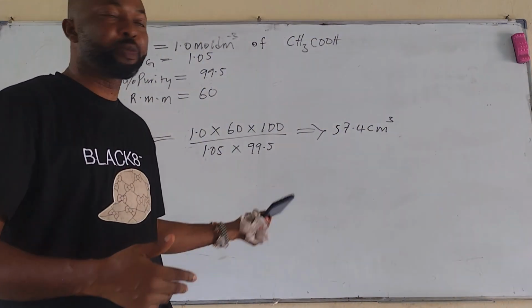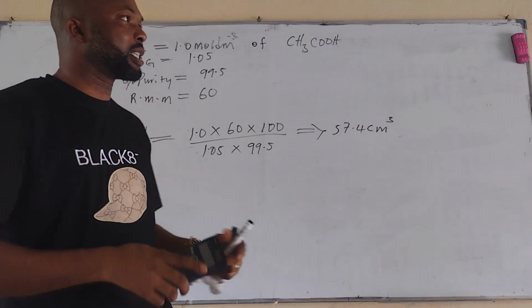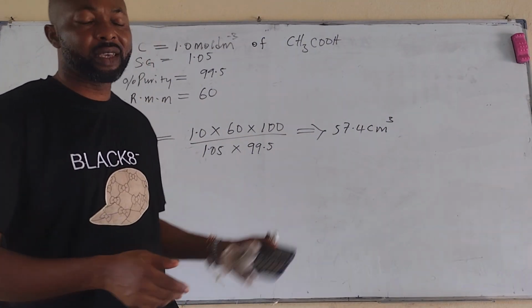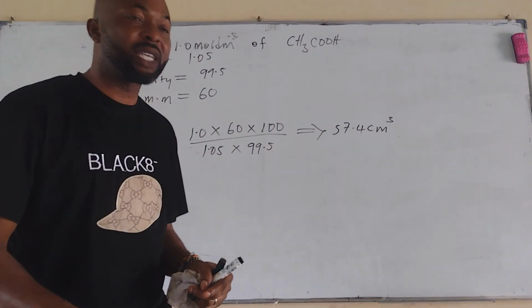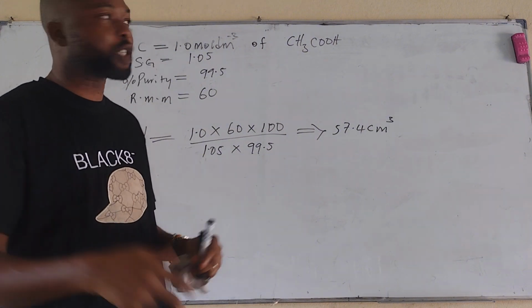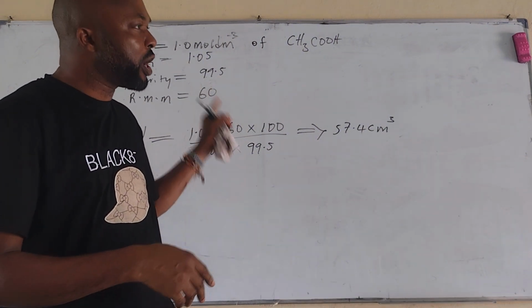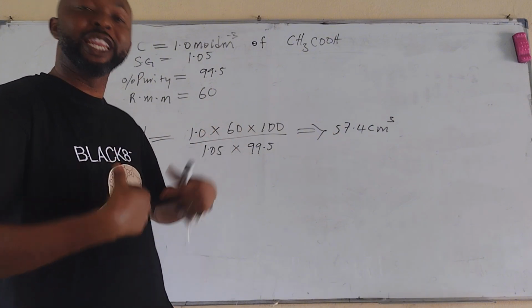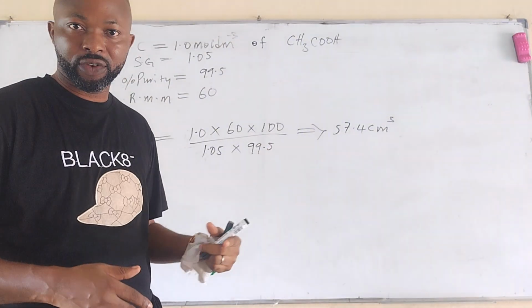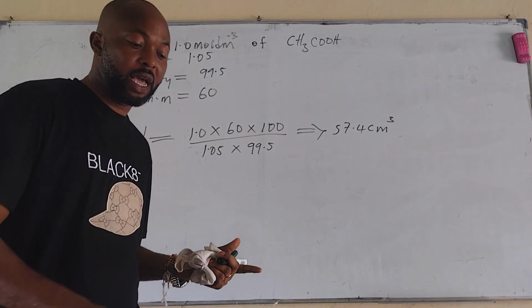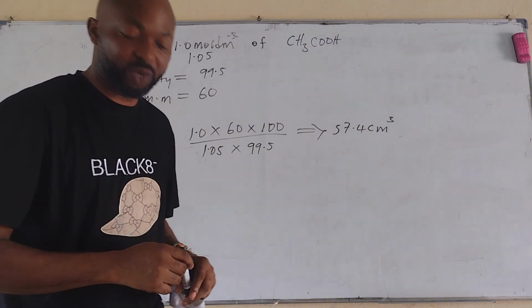You have to know how to prepare your reagent. And probably when you start in school too, in year 1, these things are meant to be taught. So it is for our safety purposes that I have to bring to our knowledge once again the basic fundamental principle which we need as chemists anywhere we go, that we can apply to survive, to show that actually we are potential chemists.